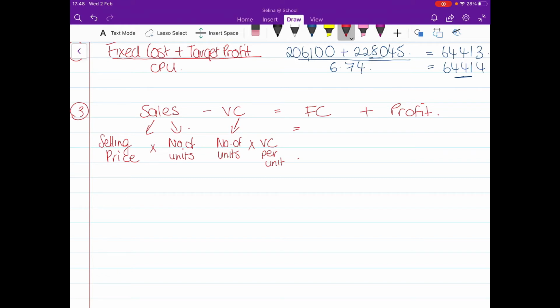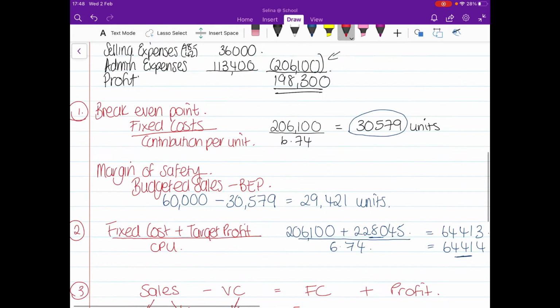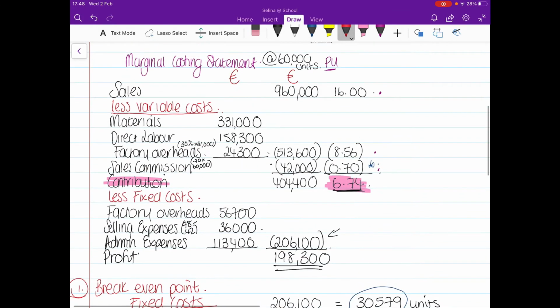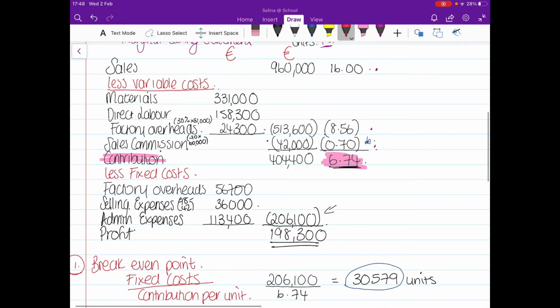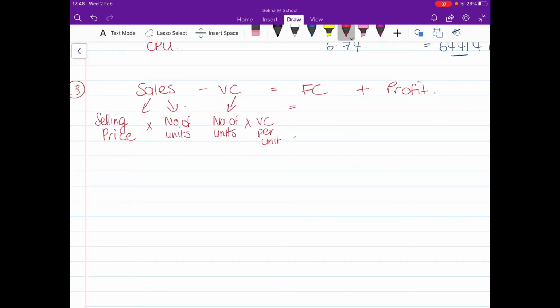There's no multiplication going on there. So basically, that formula is using the marginal costing statement, but instead of doing it vertically, doing it horizontally. Okay, so we're going to use this formula for each of the sensitivity analysis questions, and sensitivity analysis is when you change an element of the question.